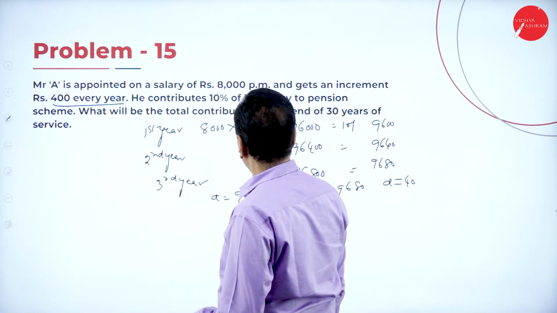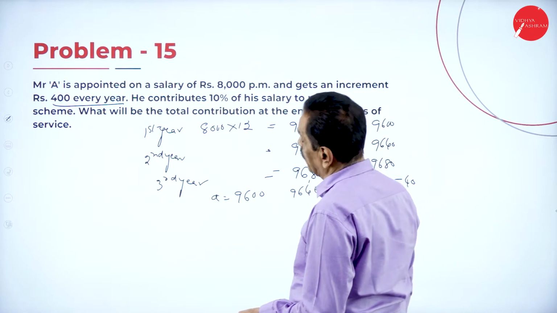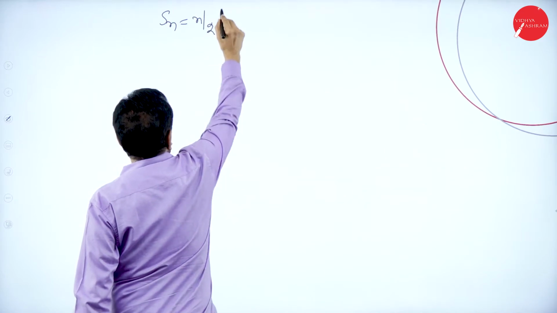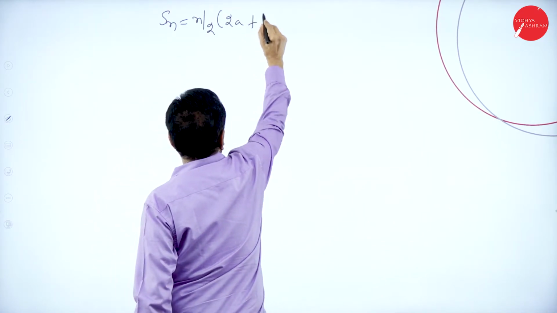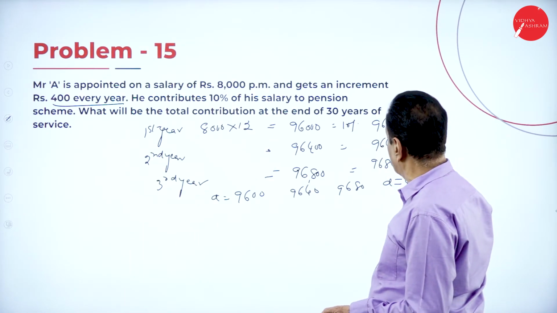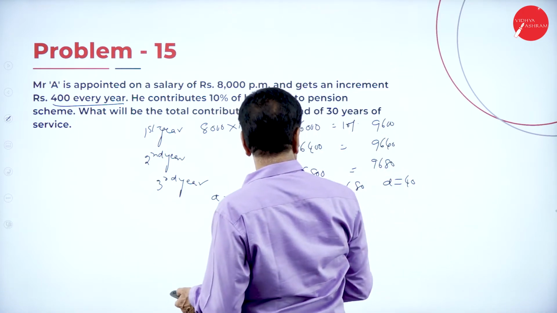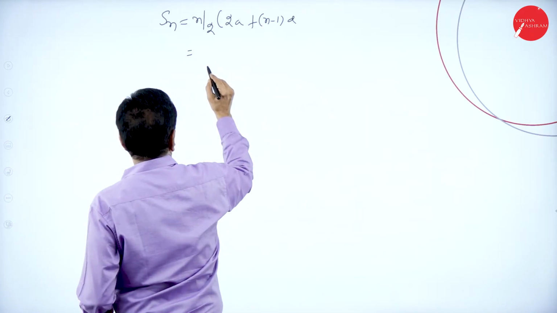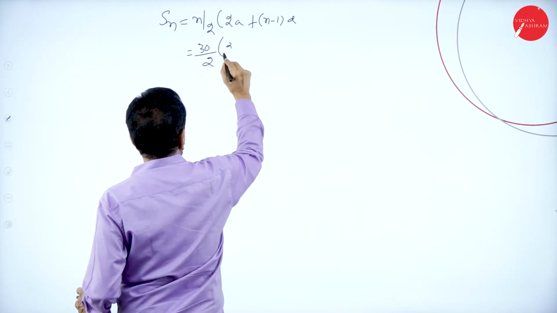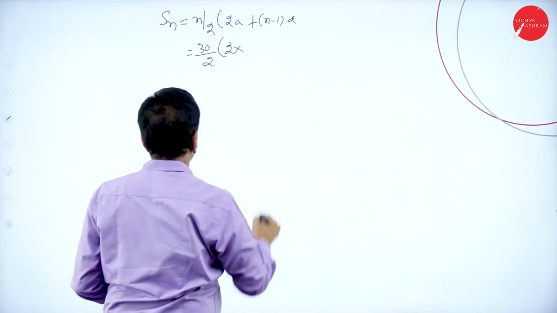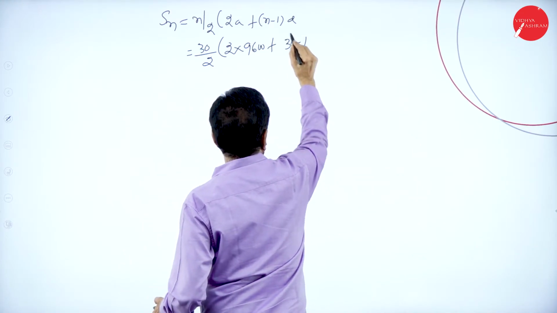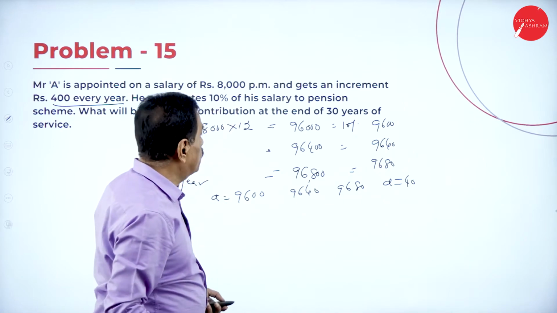What will be the total contribution at the end of 30 years? Sn is equal to n by 2 into 2a plus n minus 1 d. The first year is 9,600, n is 30 years, and the difference is 40.